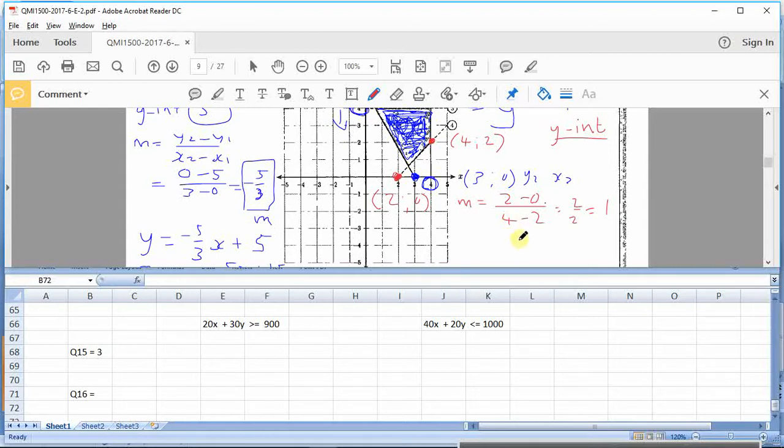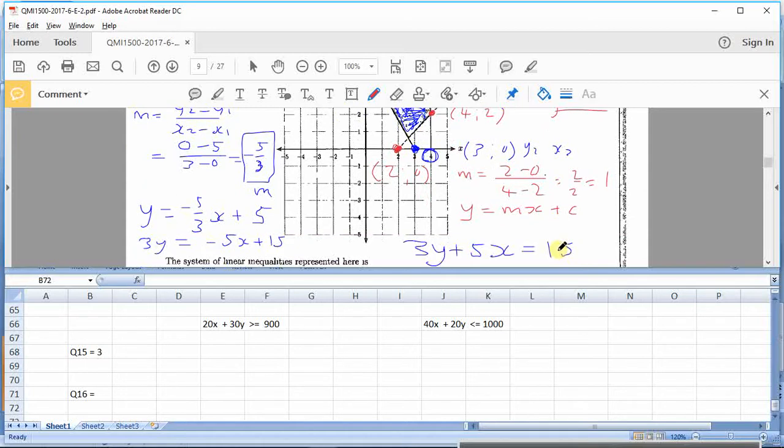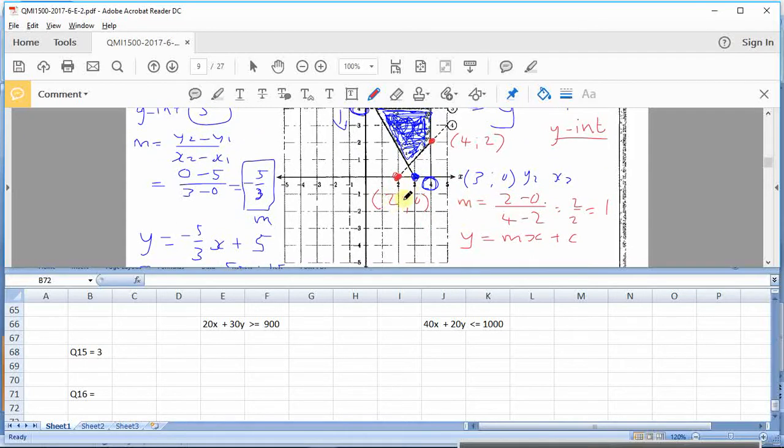Okay, so if I want the c, how am I going to get the c? It's y equals mx plus c. What am I going to do? Substitute. You agree? Yes. Okay, so put a point. Which point? Let's use this point, it's easier.